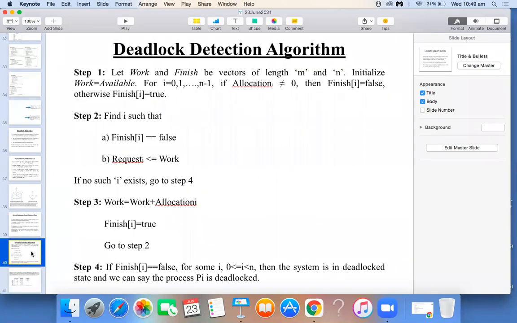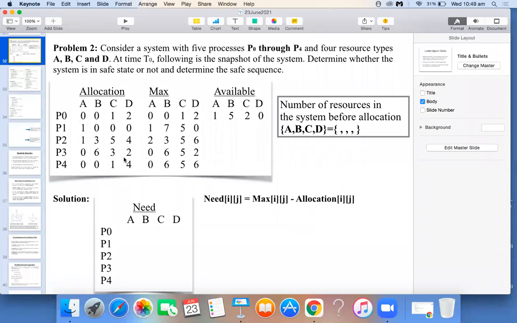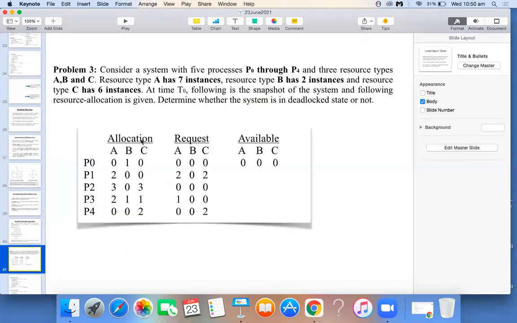But if the problem has an allocation column, a max column, and an available column, then you apply the safety algorithm. Please don't confuse these. If it is given allocation, max, and available, apply the safety algorithm. Similarly, if your problem contains allocation, request, and available columns, apply the deadlock detection algorithm. Hope I am clear to all of you.